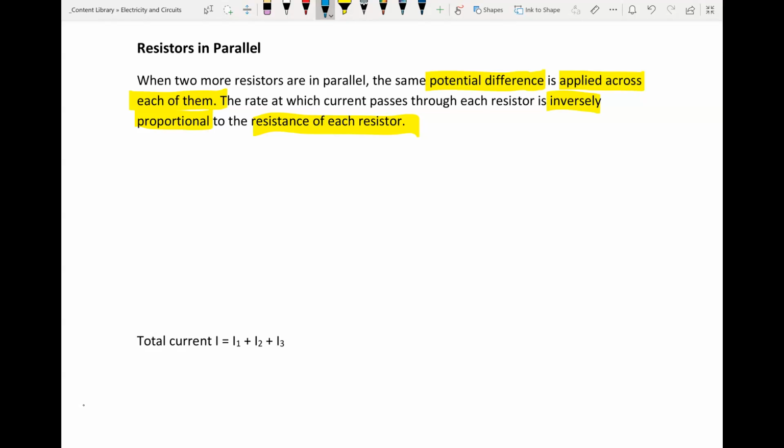So let's just draw a diagram and analyze all these properties. So that was one resistor. Here's another resistor parallel to it. And let's do another resistor parallel to that one.